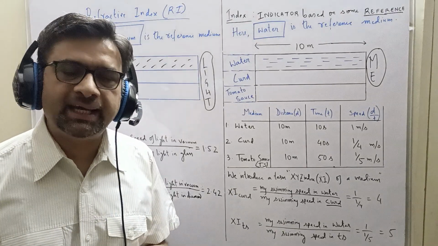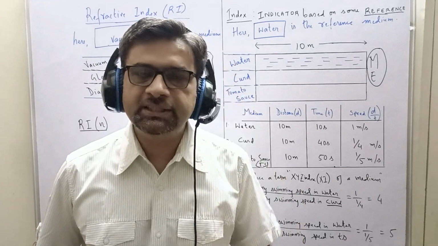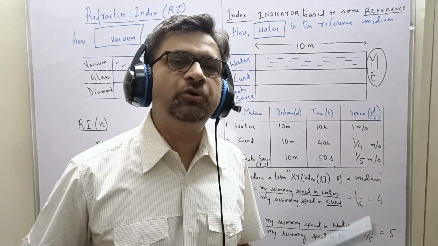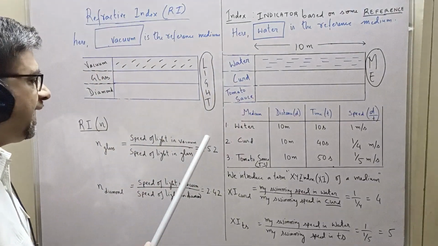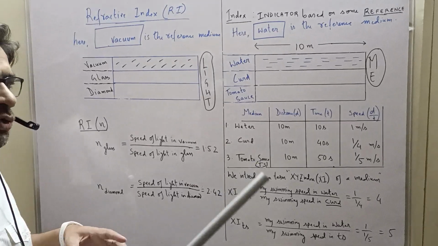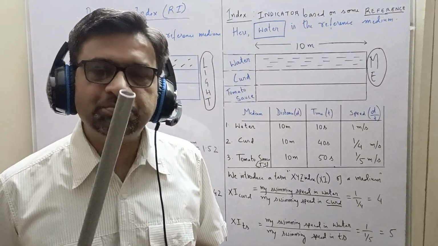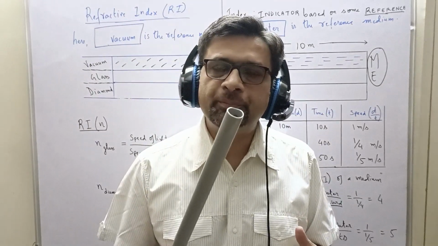It tells me that the speed of light in vacuum, the reference medium, is 2.42 times the speed of light in diamond. Again, as this number increases, what do we conclude? We conclude that the speed of light in that medium is slower.